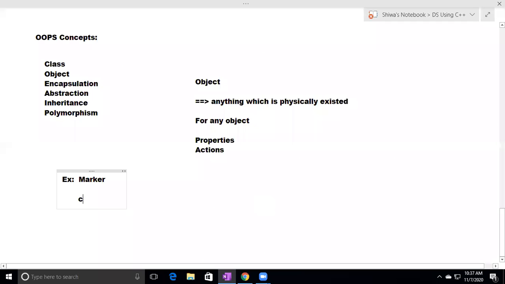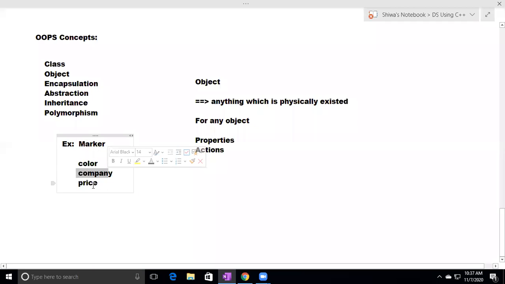What is the color of the marker? Color is the property. So red marker, blue marker, black marker, like that. Which company's marker? Reynolds company marker, Camlin company marker. What is the price of it? 30 rupees, 40 rupees, 50 rupees. So color is a property, company name is a property, price is a property.